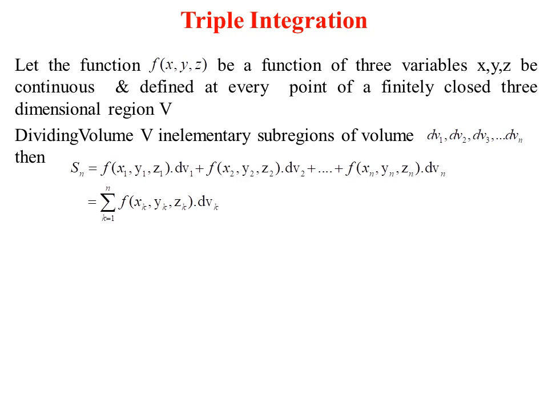So this is equal to the summation of k from 1 to n of f of xk, yk, zk dot dVk.